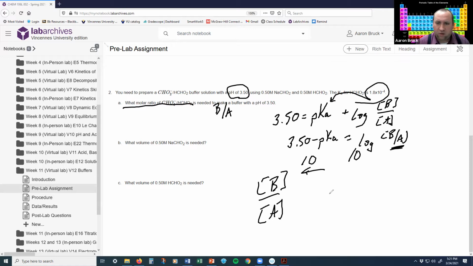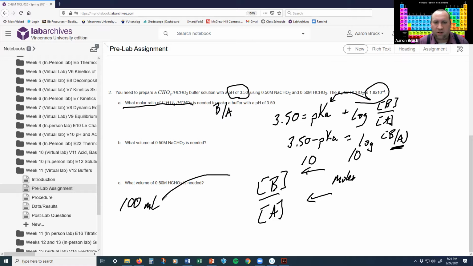What we really are looking for here are moles. And so if I can figure out how many moles of B I need relative to the number of moles of A, what I would do from there is just set an arbitrary value. I'm going to make 100 milliliters of the solution.